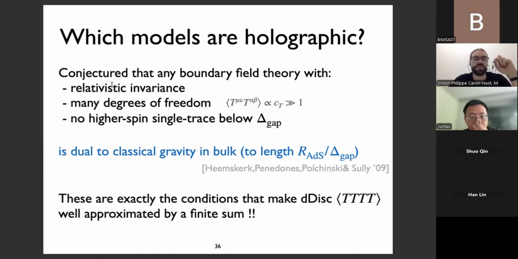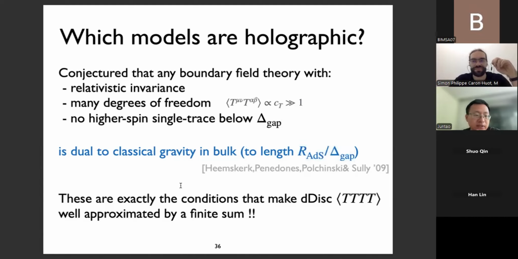So the conjecture is that a theory with this property, basically a large gap, to make it short, is dual to classical gravity in the bulk. Classical gravity means that it's an effective theory that's Einstein gravity up to length scales that are small, suppressed by 1 over this gap. Scaling dimension is like energy in the bulk, so this is a length scale.